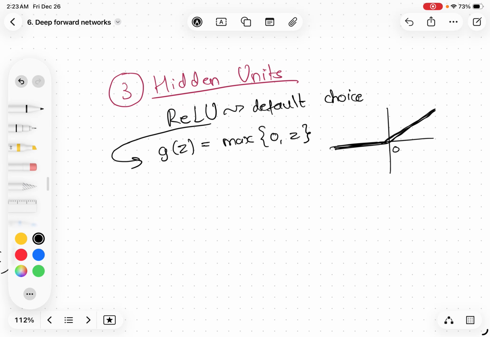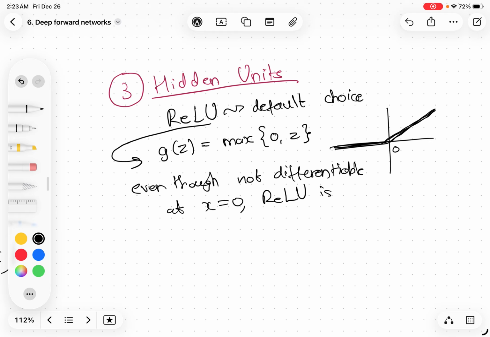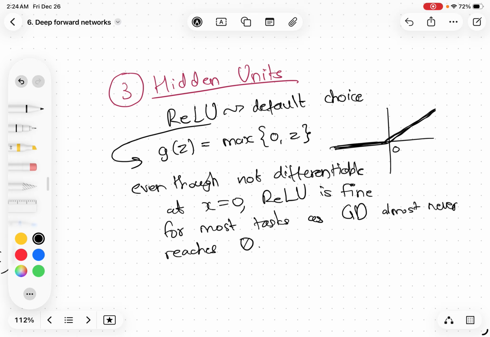We may get closer to 0, but almost never exactly 0. So even though it's not differentiable at x equals 0, ReLU is just fine for most tasks, as gradient descent almost never reaches 0.